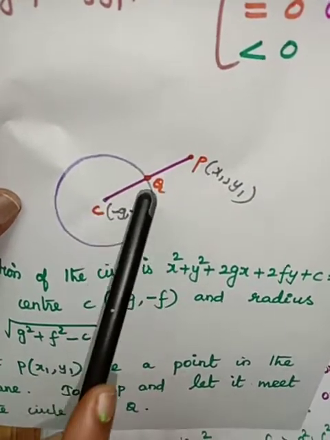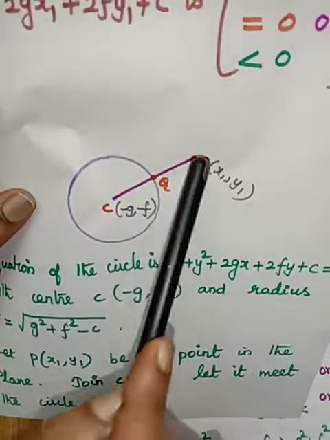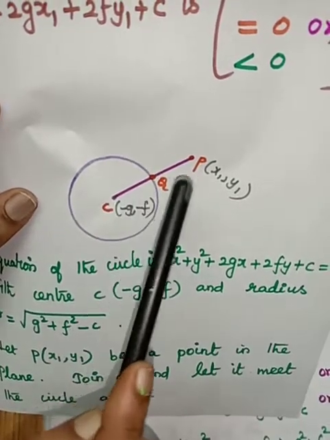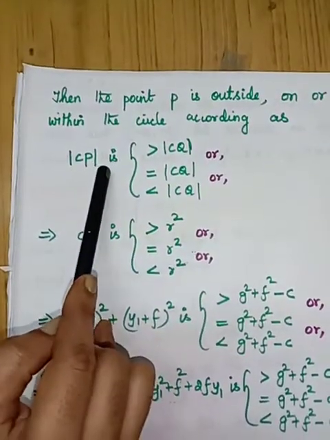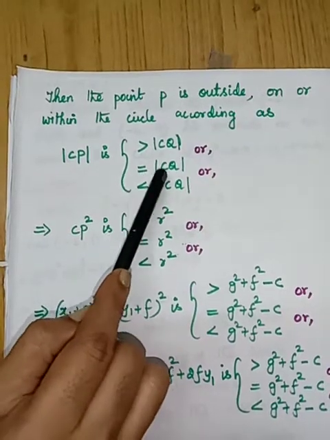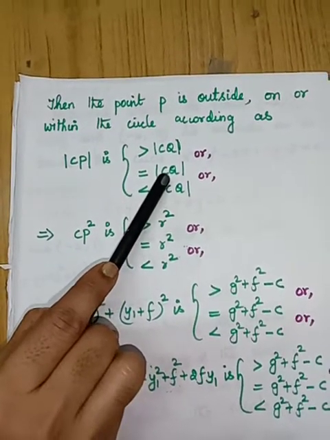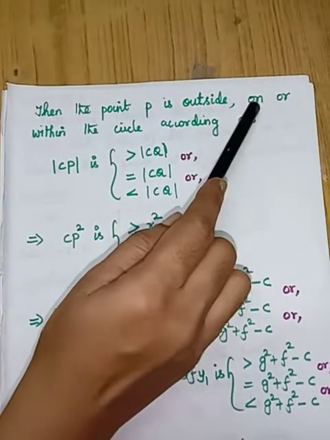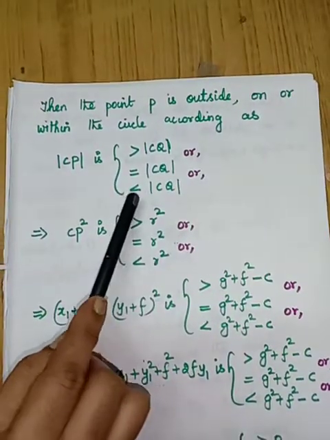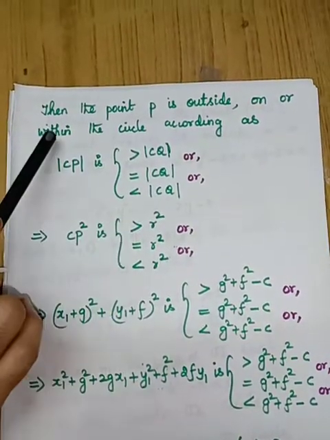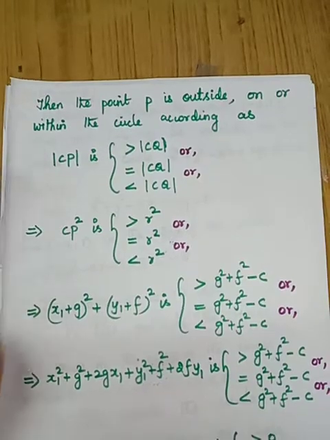In this diagram, CP is greater than CQ, so the point lies outside. If it is equal to CQ, the point is on the circle. If it is less than CQ, it lies inside the circle.